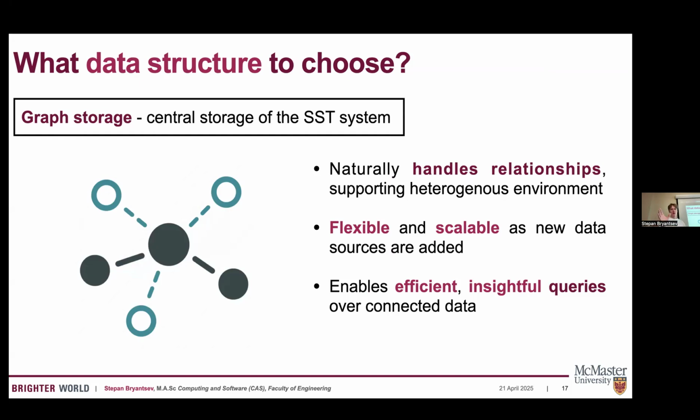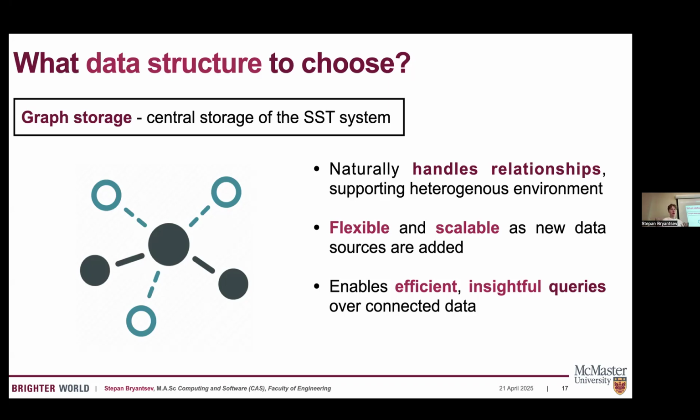And here is why. First, it naturally handles relationships, supporting our heterogeneous environment, because we don't have a rigid understanding of the data. We rely on the graph to naturally handle all the relationships and all the dependencies in our heterogeneous data.